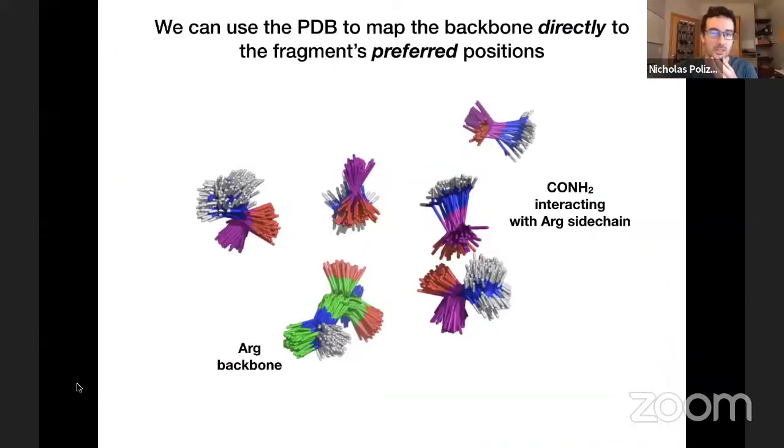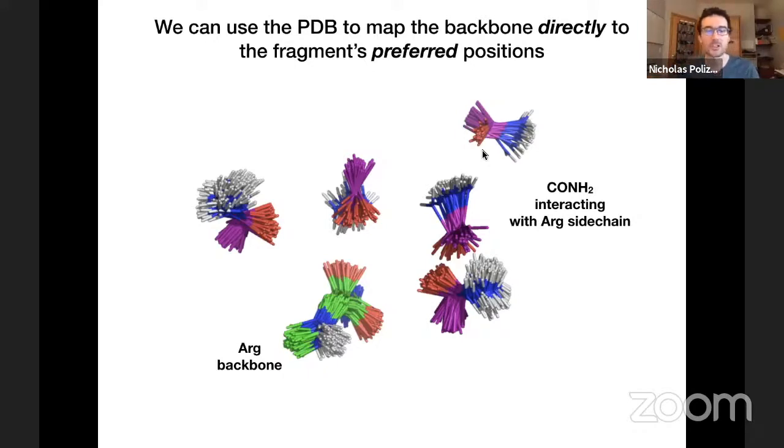And so in particular, let's just start with how do proteins really interact with fragments, right? And what parts of that do I focus on? So if we look in the PDB, I'm just showing an example of how arginine residues would interact with a fragment like carboxamide. And I have a carboxamide in my ligand apixaban, so this is relevant to my protein design.